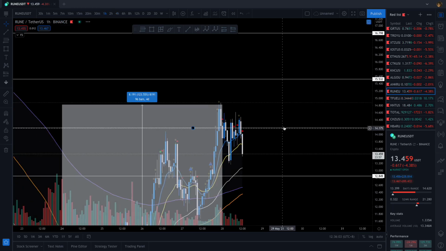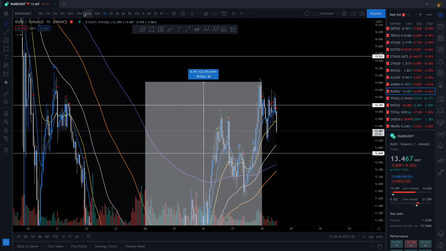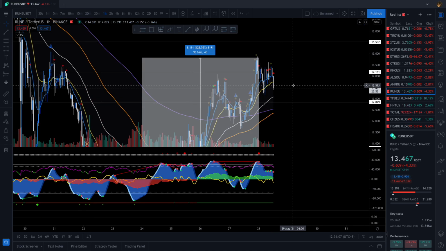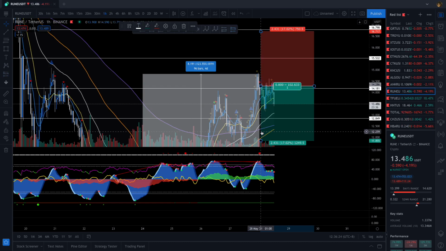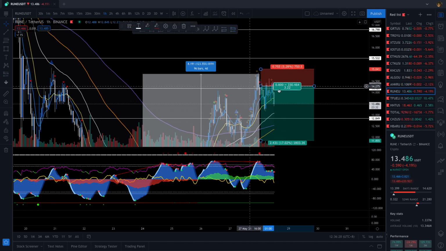So at the moment, we have marked this level as a 200 EMA. We come down to, say, the 1 hourly chart, and we look for tops. We don't go in here because we have not formed a top yet. But once this is confirmed, maybe on this candle right here, we can enter into a short position there instead of just going in straight at the 200 EMA and forgetting about it.